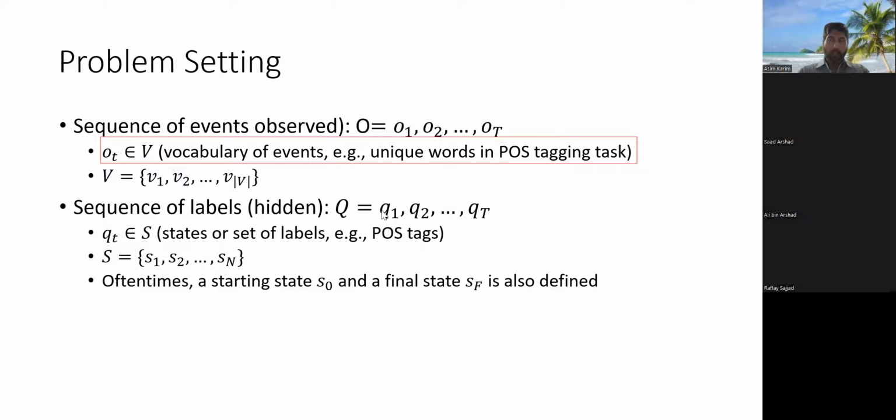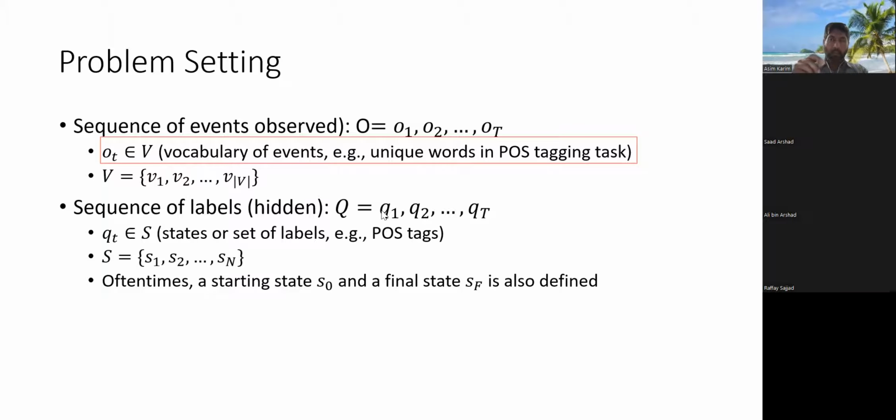What are these small o's? Small o's come, in our particular application, from the vocabulary V. So what is the vocabulary V? The possible words in our corpus.